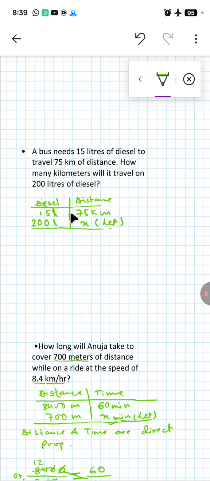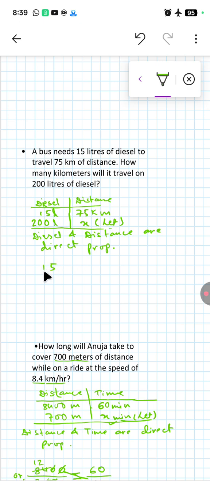So with 1 liter of diesel, how much can we travel? We can travel less. If with 15 liters we travel 75 kilometers, then in 1 liter we can travel less. So if diesel is becoming less, the distance covered is less. Both are decreasing. It means diesel and distance are in direct proportion.